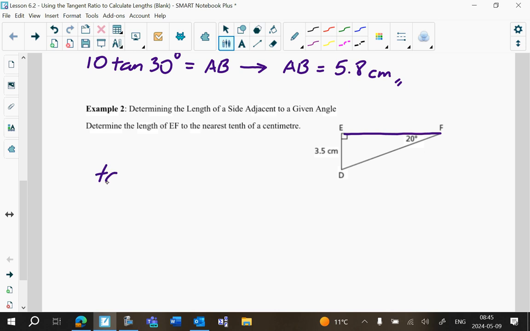It's tan of the angle, which in this case is 20 degrees, equals the opposite side, which in this example is 3.5, over the adjacent side, which in this example is EF, what we're trying to find.